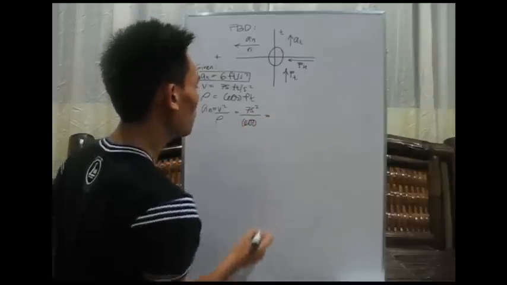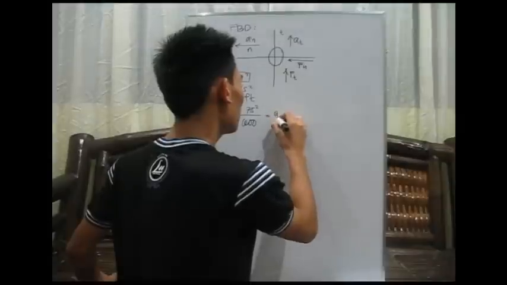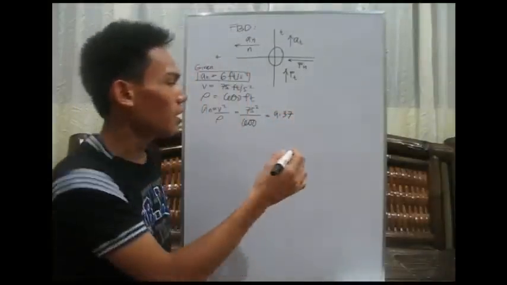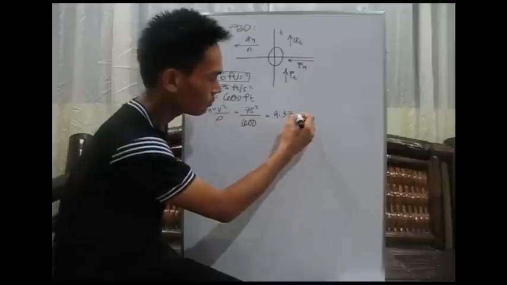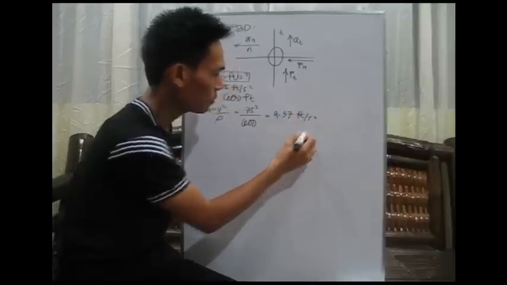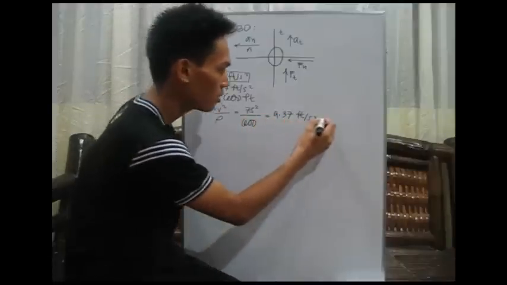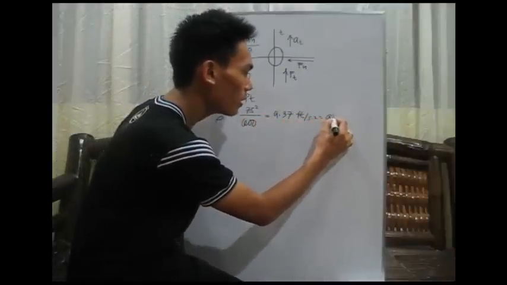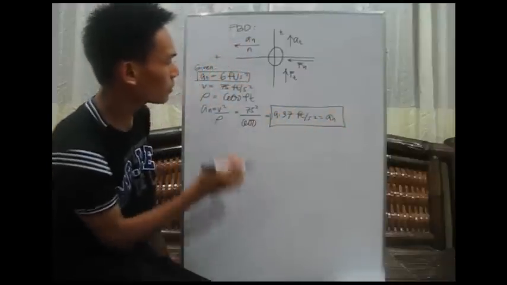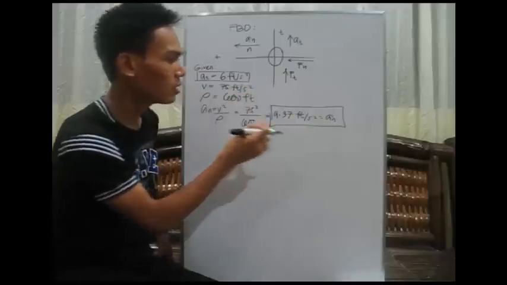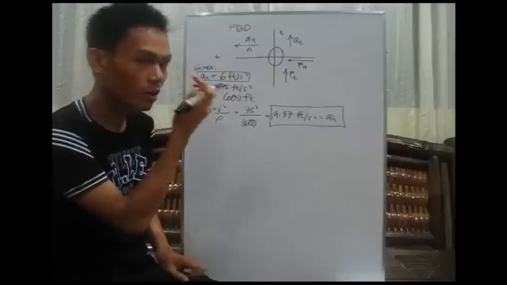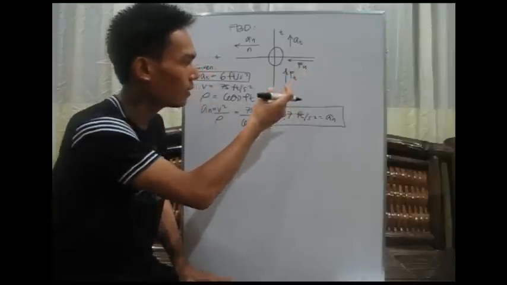So our answer will be 9.37 feet per second squared. This will be the value of our an. Since we now have the values of at and an, we can proceed to the next step, which is to find the values of Fn and Ft.